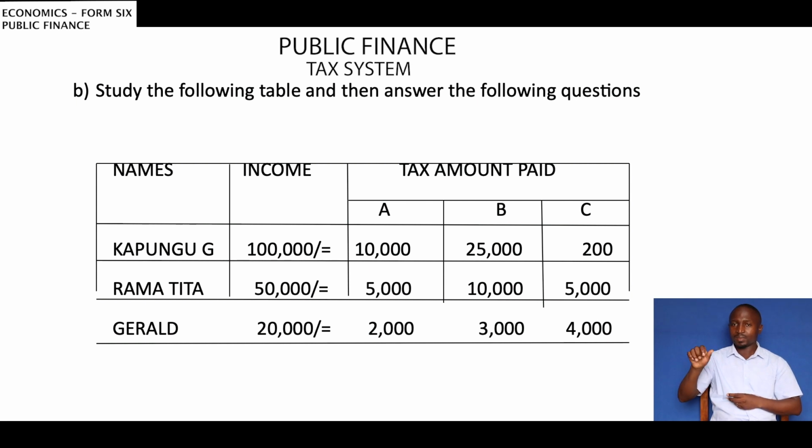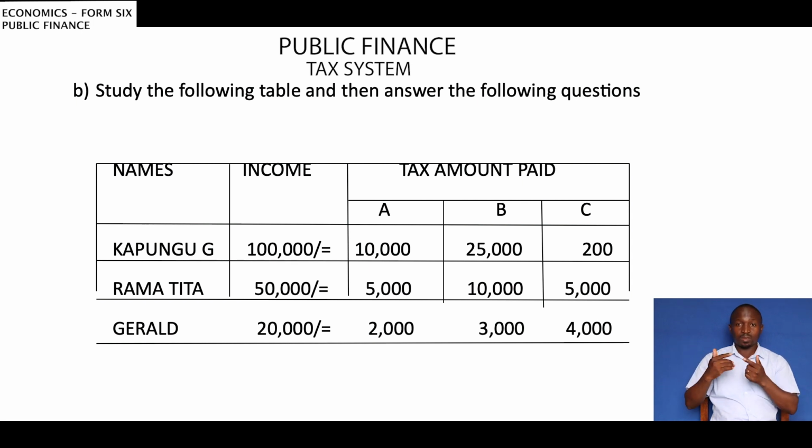Second column, we have income, which shows Kapungu G at 100,000 income, Ramatita 50,000 income, and Gerard 20,000 income. Under tax amount paid, we have 3 columns: column A, B, and C.